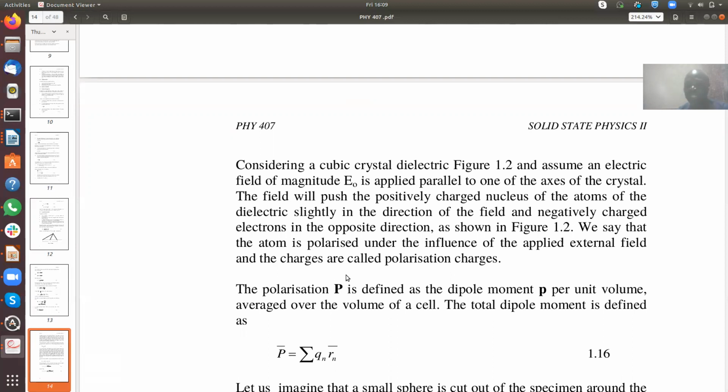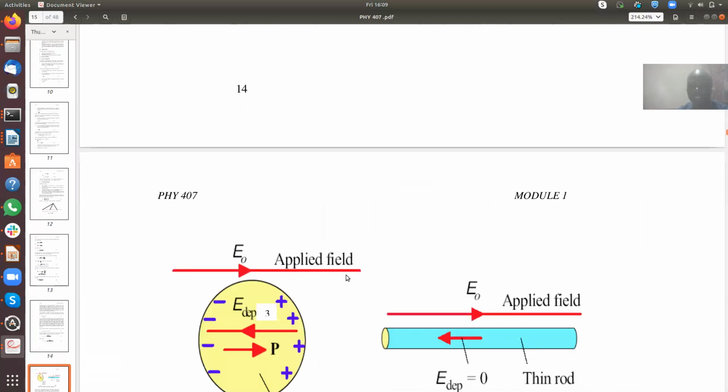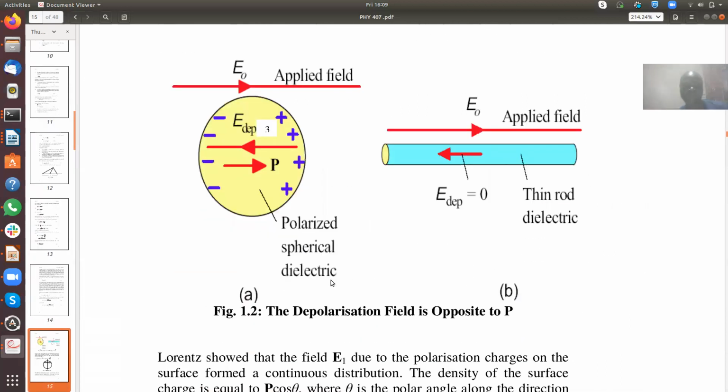So the negative will move away while the positive will move in another direction. So this is what we are trying to say. If you look at this picture now, we have negative and positive charges in the system like this, in a dielectric material, going in opposite directions to each other when you put an electric field.